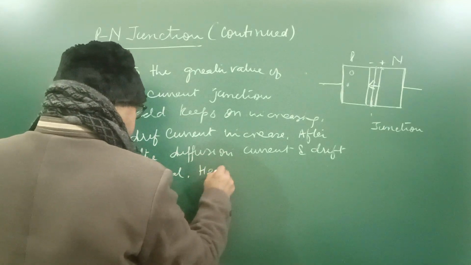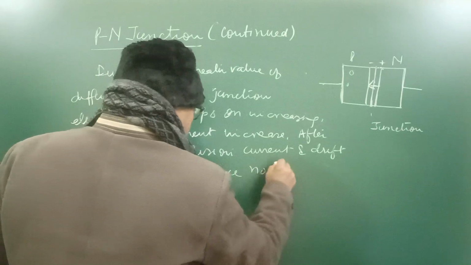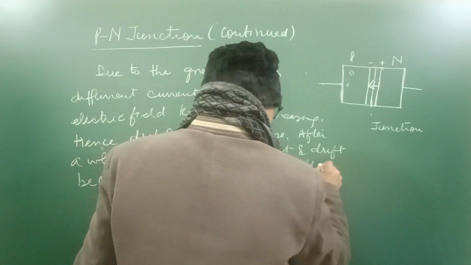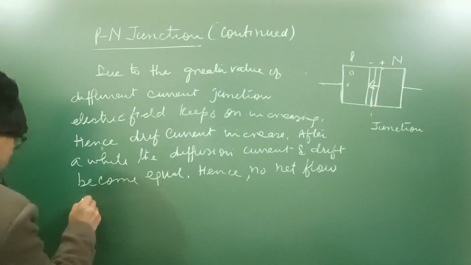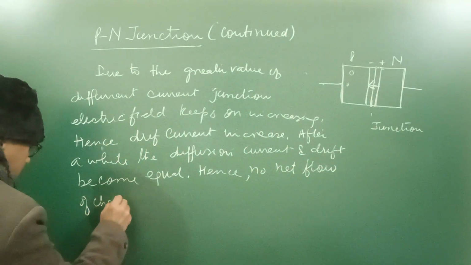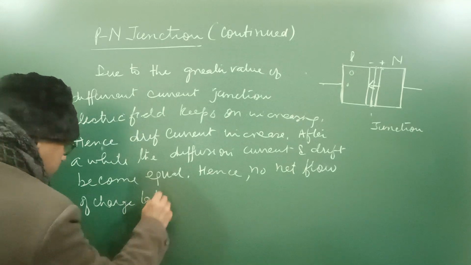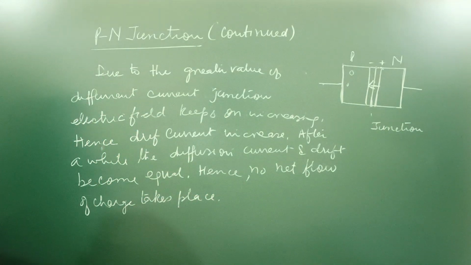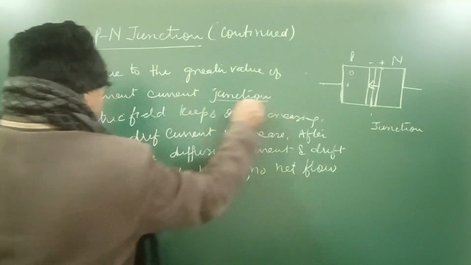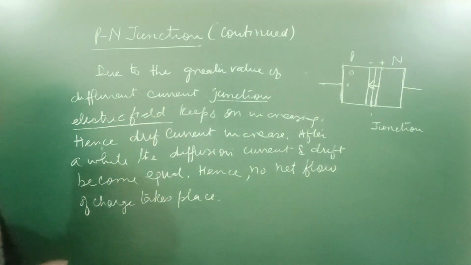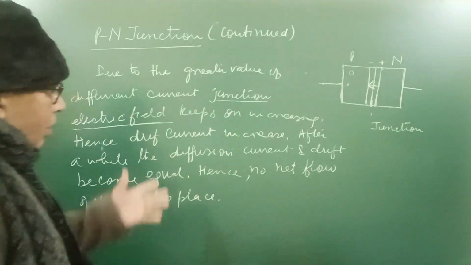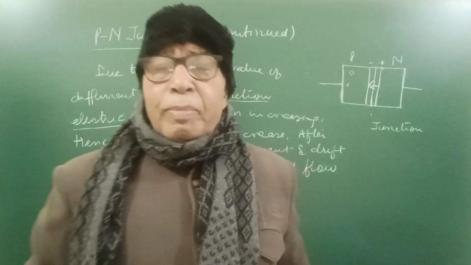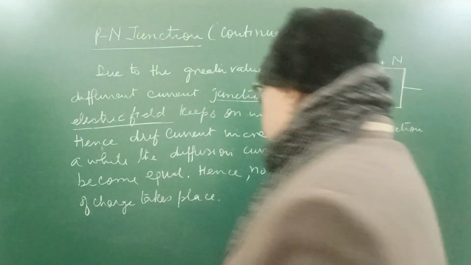Hence, no net flow of charge takes place. The junction electric field has a very important role. I will be discussing it later on, but here it helps in maintaining an equilibrium.